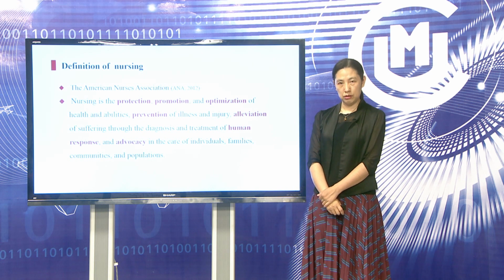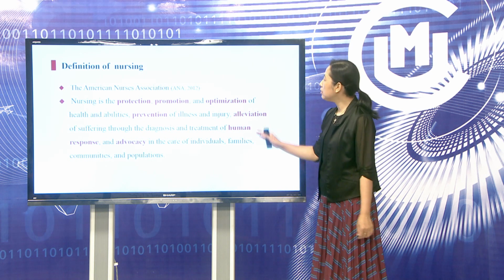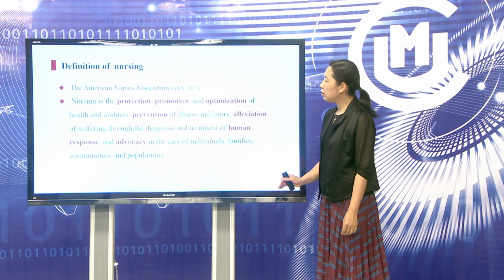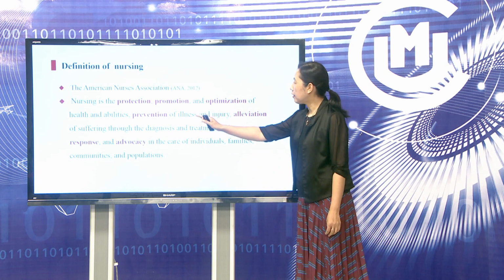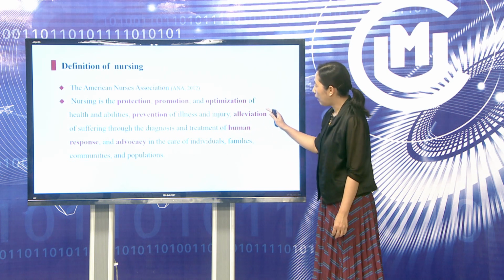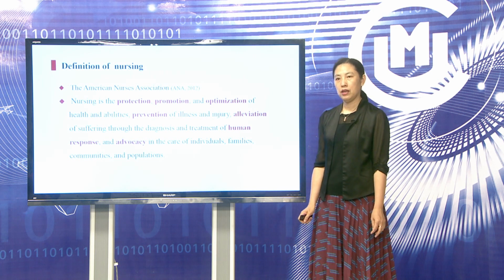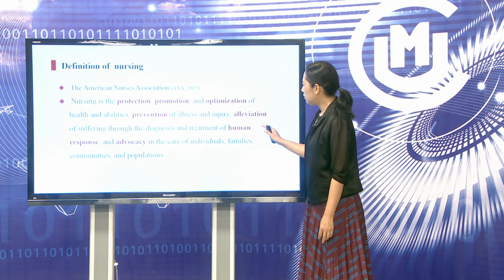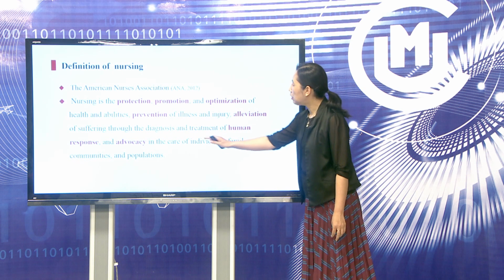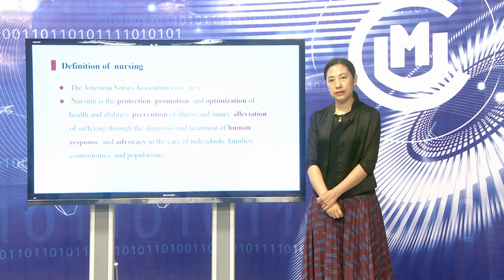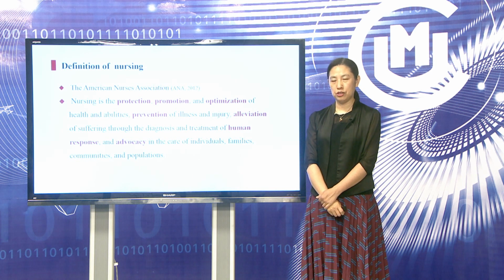So any research related to this scope, we call nursing research. For example, if your research is to protect, promote, optimize, or prevent illness, then we call it nursing research. Also, if your research is going to reduce the pain or the suffering of the nursing client, we also call it nursing research.